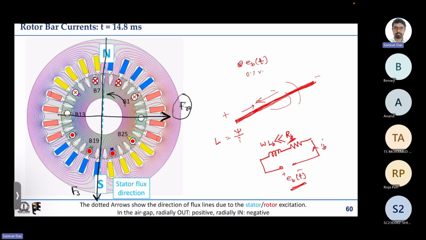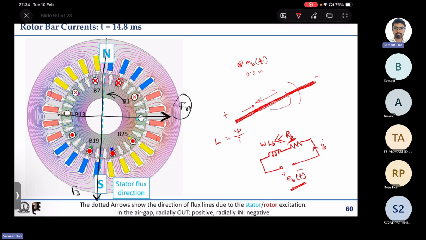But if you actually do it in ANSYS, they provide some flexibilities where you could define that all these bars are short circuited from both sides, and you could enable something called eddy current setting, because these currents are nothing but eddy currents. There are flux linkages which are changing, inducing some voltage, and that is inducing some current.